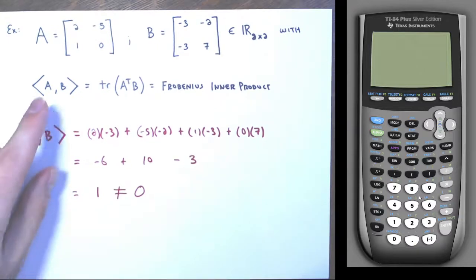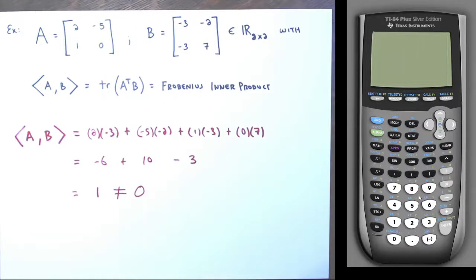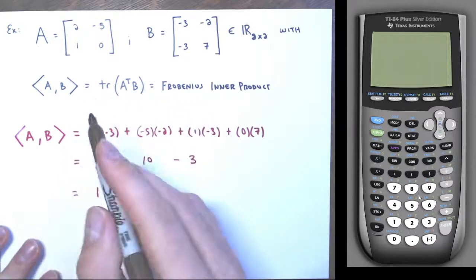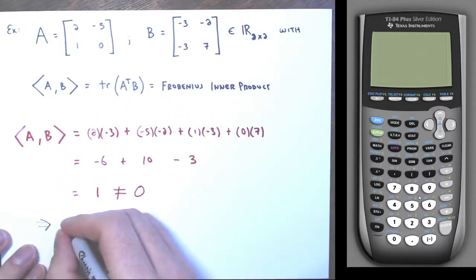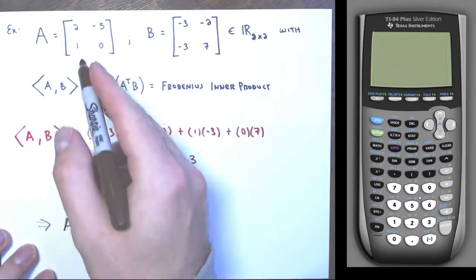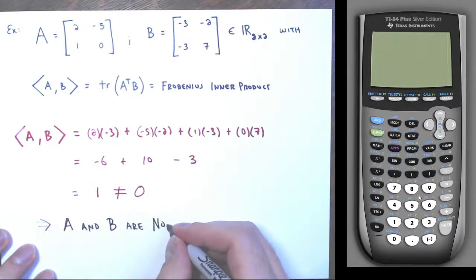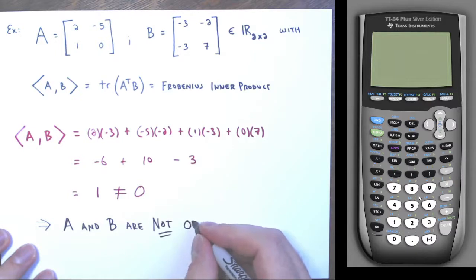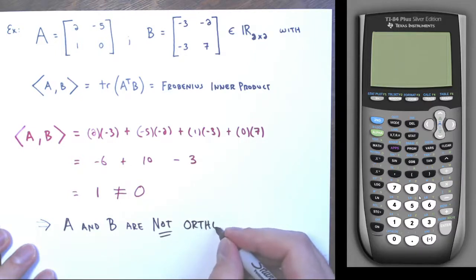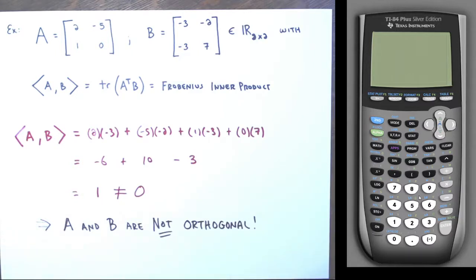So this inner product applied to these two matrices does not give me a result of 0. So under this Frobenius inner product, matrix A and matrix B, these two vectors, are not orthogonal. And that's all we could say, really.